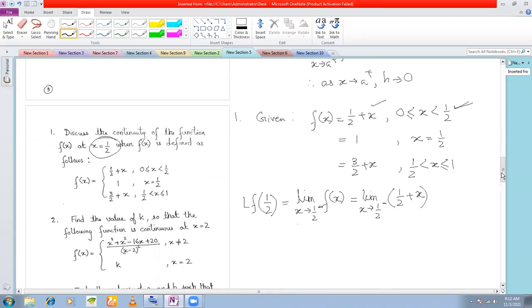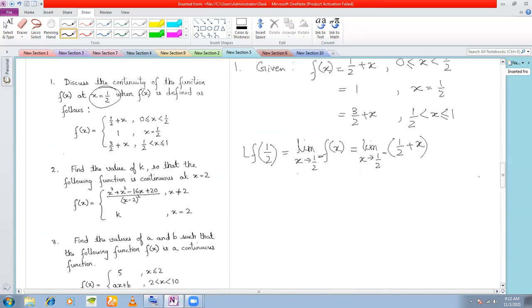So here we have x tends to half minus. Let half minus x equal to h. So that means x becomes half minus h. Therefore, as x tends to half on the left hand side, h tends to 0.